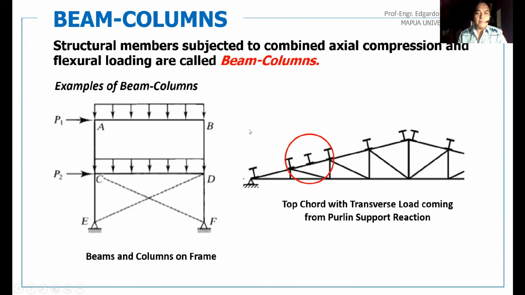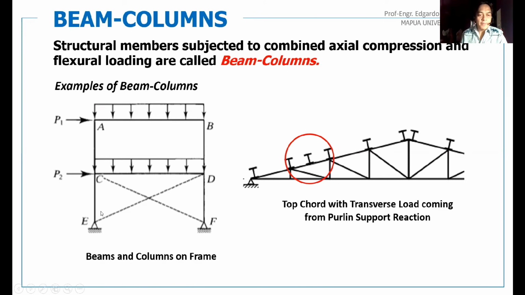As you can see from this figure, we have examples of beam columns. On the left side, you have the beams and columns on a frame, so the whole frame consists of beam columns.